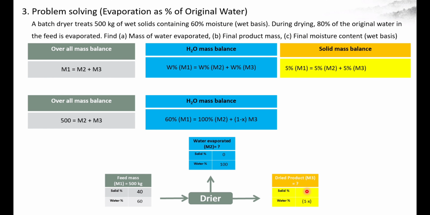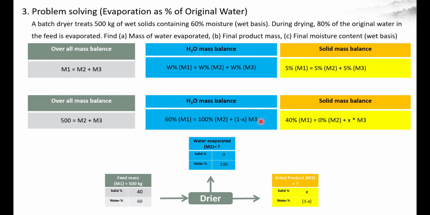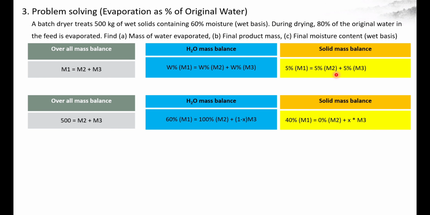Plus M3 stream, the water percentage is unknown, but we name it as 1 minus x. So we are giving here 1 minus x into M3. Coming to solid mass balance, we are multiplying the stream 1 by solid percentage in the stream 1, which is 40%. So 40% into M1 is equal to the solid percentage in M2 stream, which is 0. So 0% into M2 plus x times M3 because the solid percentage in the M3 stream is x. Let's solve these three equations now.